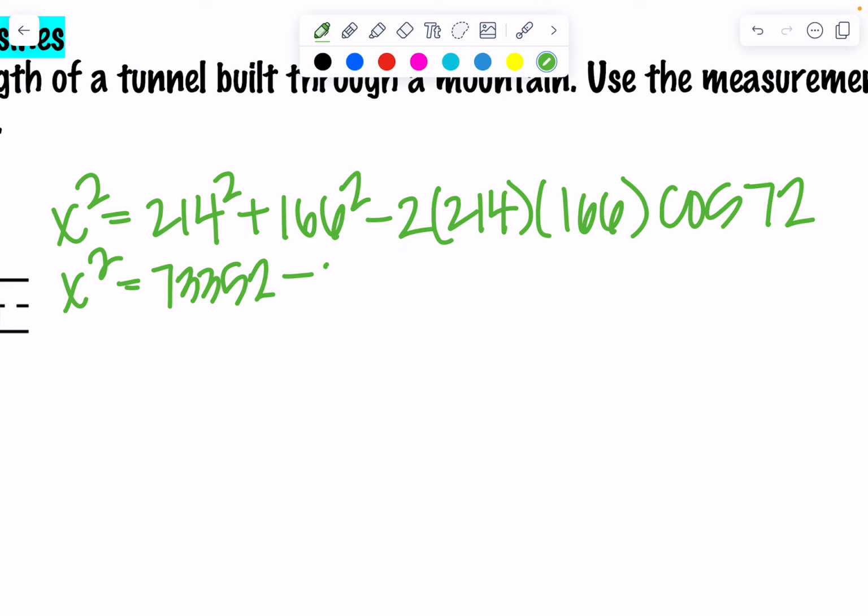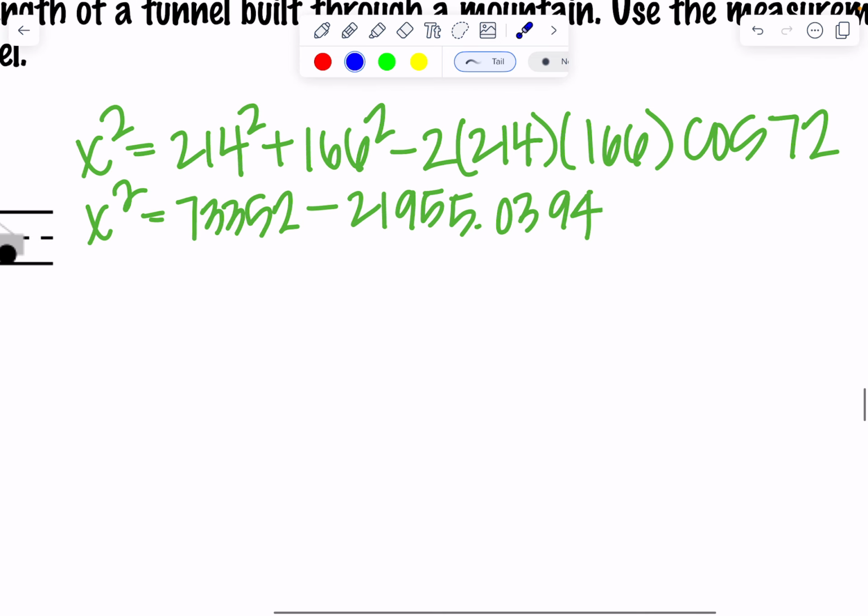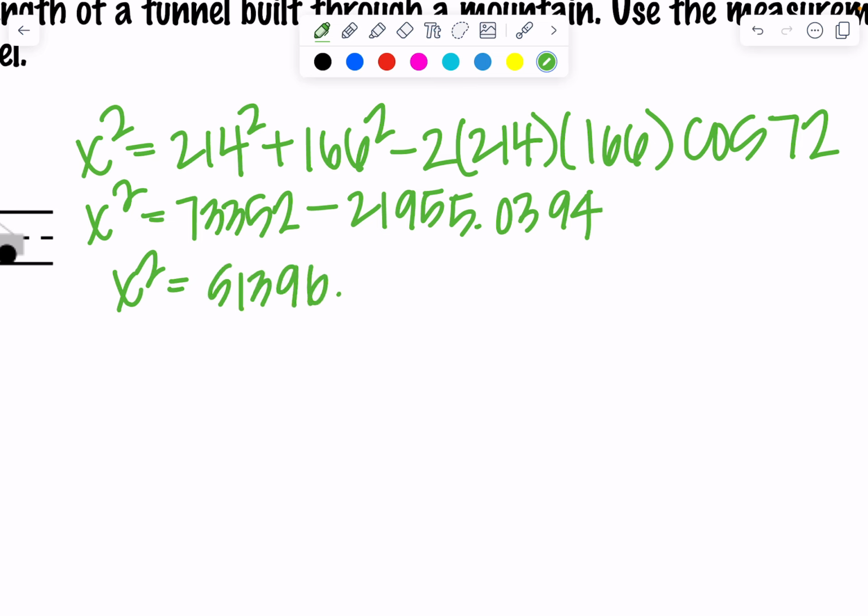So again, these are the easier versions because it doesn't have that cosine angle. These are the easier versions versus if you don't know this angle, that's when you have to be very smart about your algebra. So x squared equals 51396. We do 4 decimal places and we take the square root of it and you should get 226.7 meters.